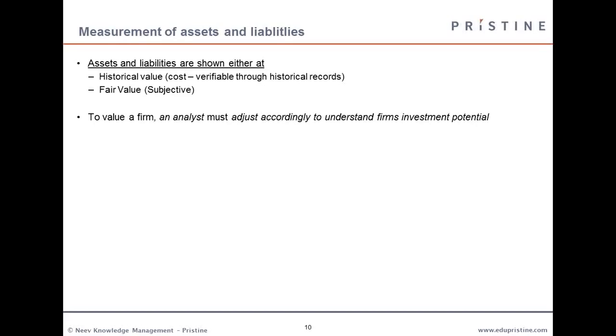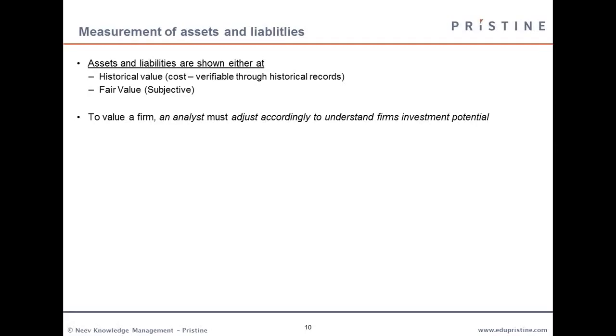So these are the two methods. Historical value, whatever the records say, you report that. Fair value, it's subjective, it will change over the course of time. So that's two ways of doing it.